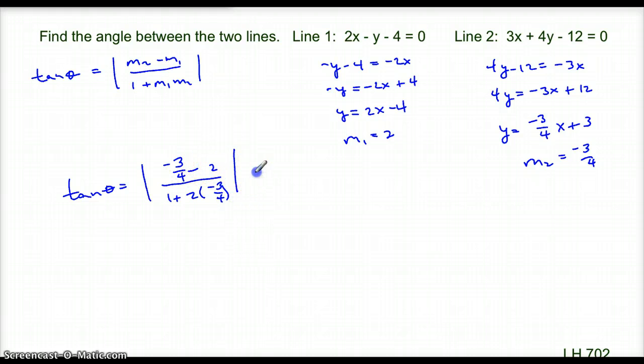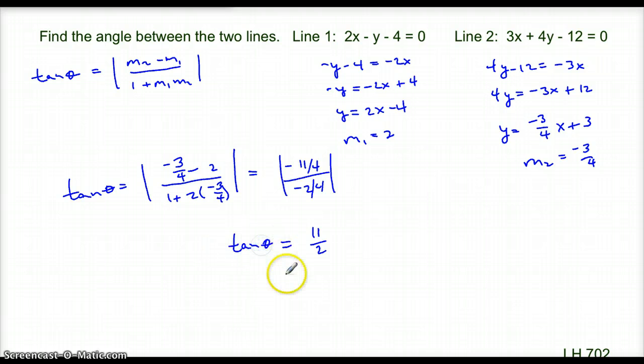All right, so this equals negative 11/4 divided by negative 2/4, and it's still absolute value. Even though it's negative divided by negative, it's going to come out positive anyway. If I simplify that, multiply by 4 over 4, cancel out my negatives, I get 11 halves. So the tangent of theta is that.